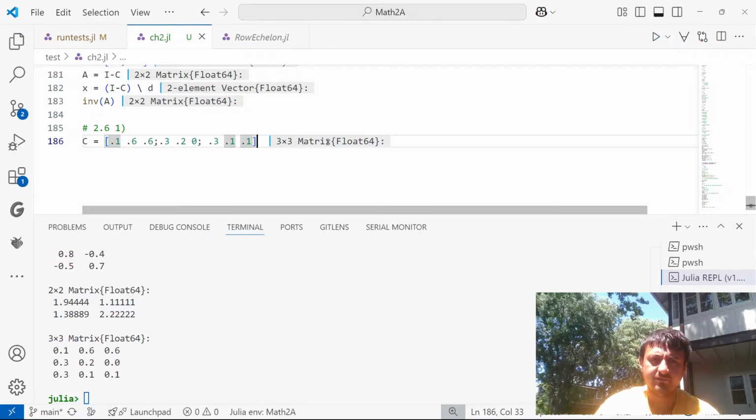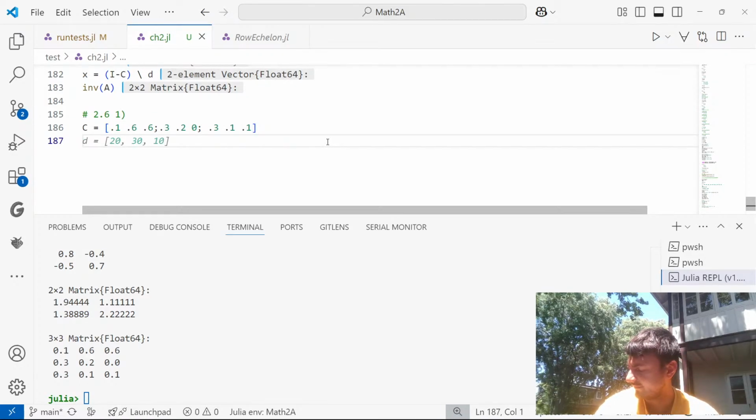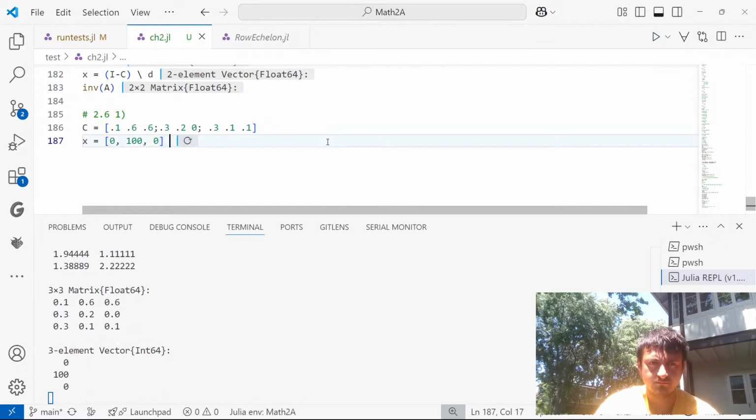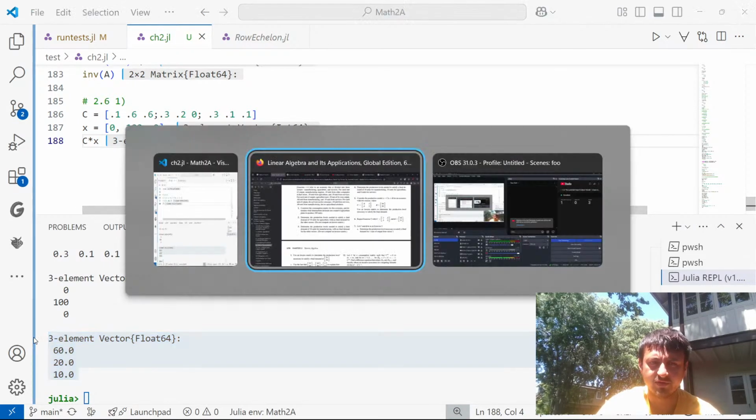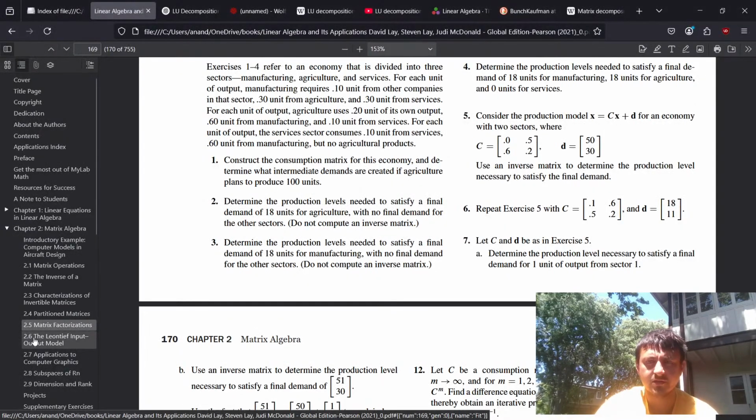Okay, now if we wanted 100 units of agriculture, so that's how much we need to produce to make that much agriculture.